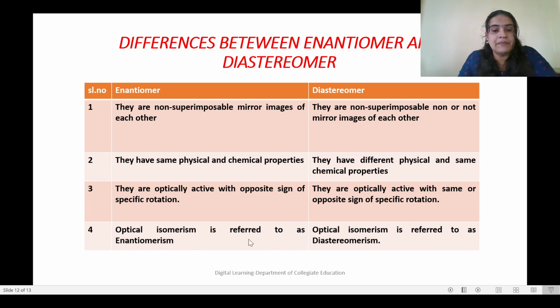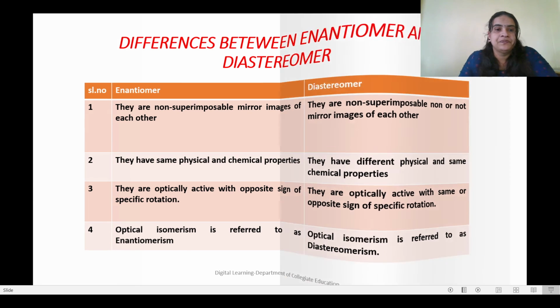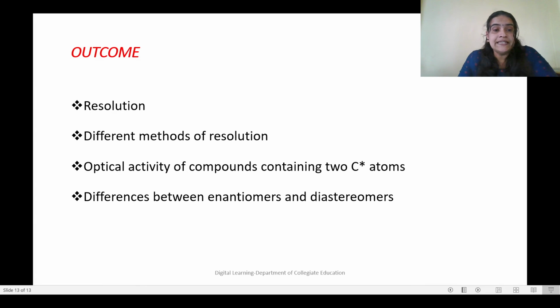Optical isomerism in the case of enantiomers is referred to as enantiomerism, whereas in the case of diastereomers, it is referred to as diastereomerism. So in this session, you would have learned what we mean by the resolution process and how it is different from the racemization process.